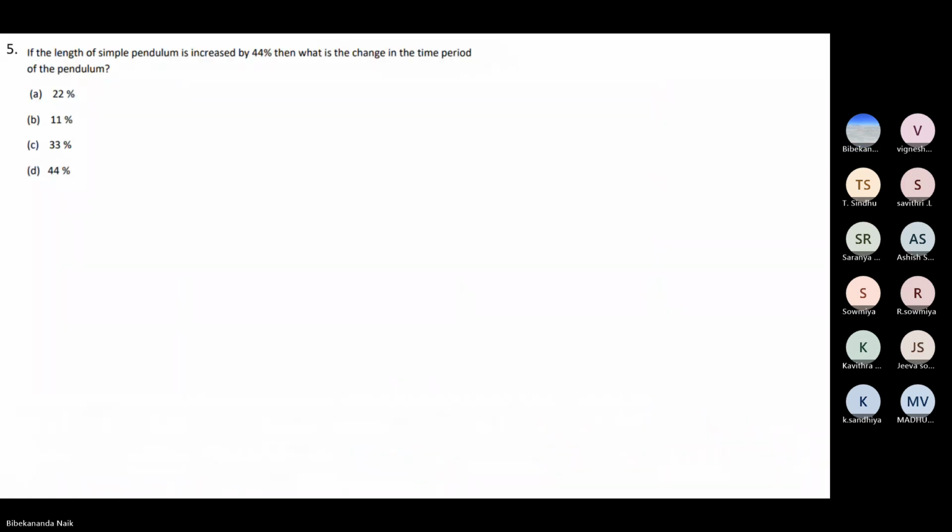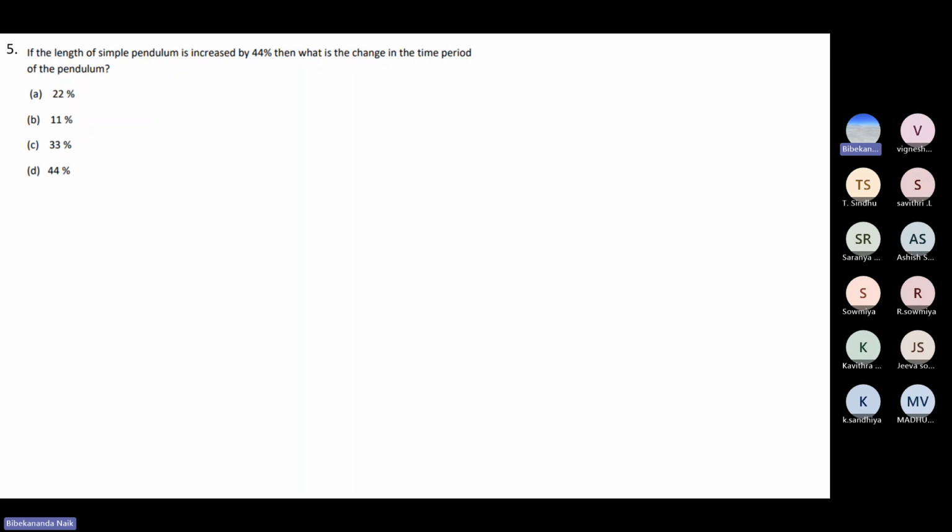So let's start solving questions related to oscillations. Now the question says, if the length of a simple pendulum is increased by 44%, then what is the change in the time period of the pendulum? We have already discussed the simple pendulum and the time period of its oscillation.